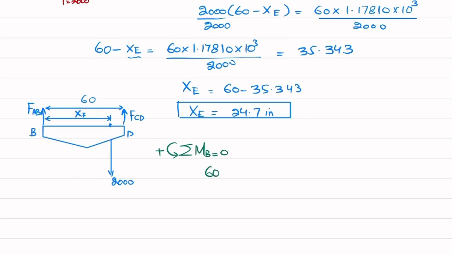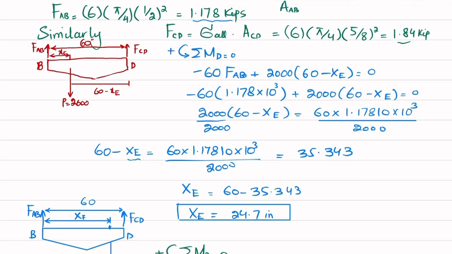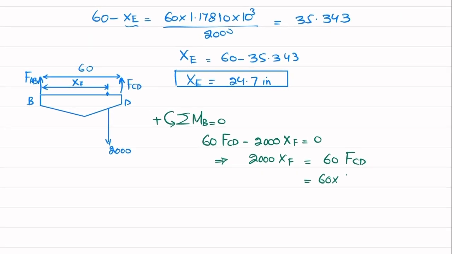So I will write 60 into FCD minus 2000 into XF is equal to 0. So it means that 2000 XF is equal to 60 FCD. So 60 multiplied by FCD, which is 1.84 kips, 1.84 into 10 raised to the power 3, is equal to 2000 XF.